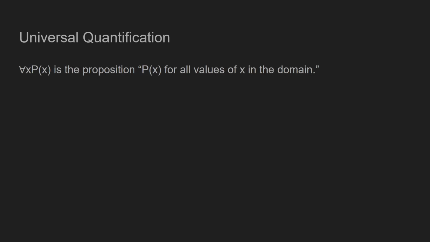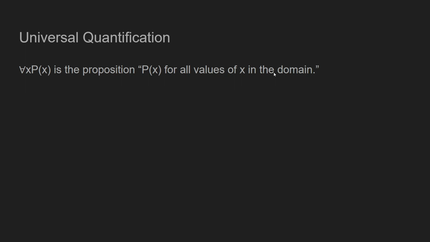Quantifiers are of two types. One is universal and another is existential. Let's talk about universal first. The universal quantifier is denoted like this. Universal x, p of x is the proposition that p of x is true for all values of x in the domain.